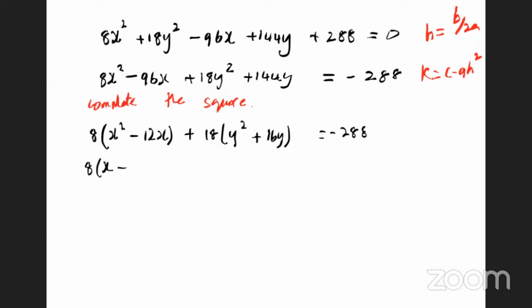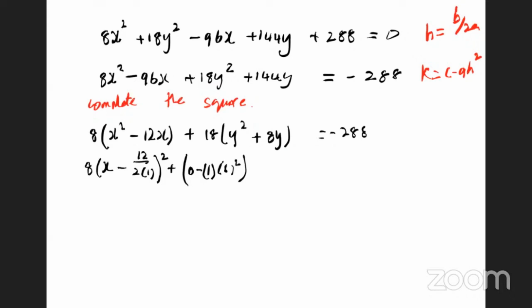That'll be minus 12 on 2 by a. A is 1, all squared, plus k. K is c, but remember c is 0, right? So it's 0 minus a. A was 1. What is 18 into 144? It's 8. Okay, thanks.